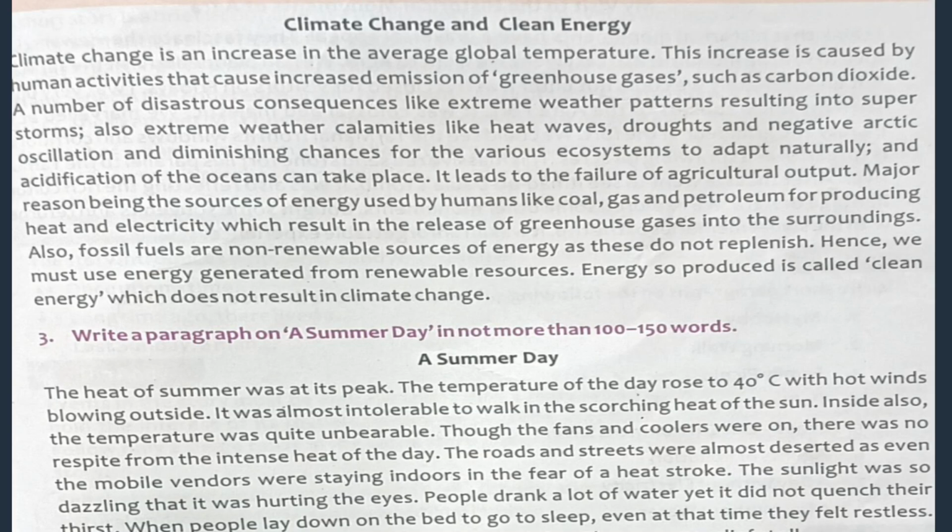Okay. Now look at this, climate change and clean energy. So you know that firstly when you are writing a paragraph, you need to write what? Heading. This is the topic, climate change and clean energy. So now you can write in 7 to 9 sentences for a topic, like climate change is an increase in the average global temperature.